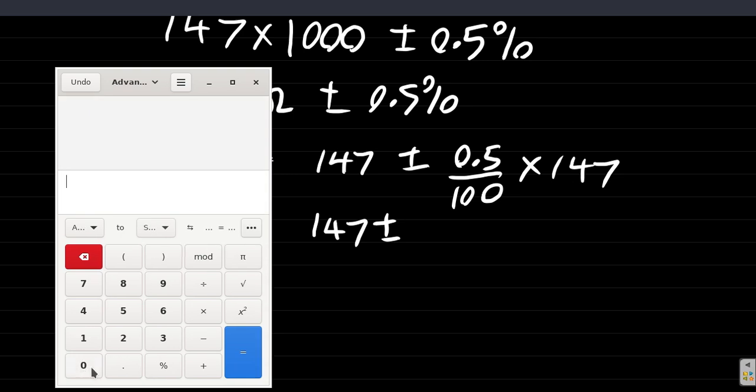So 0.5 divided by 100, multiplied by 147 equals 0.735 kilo ohms.